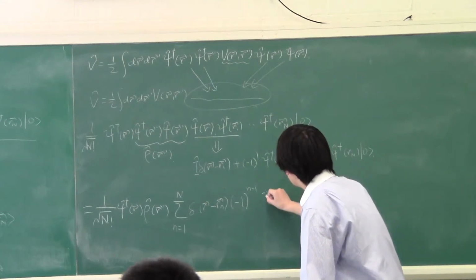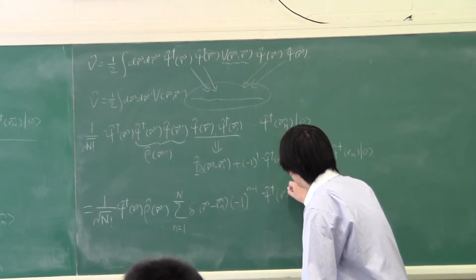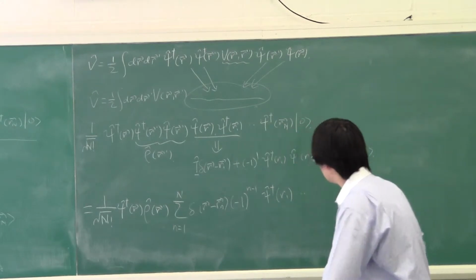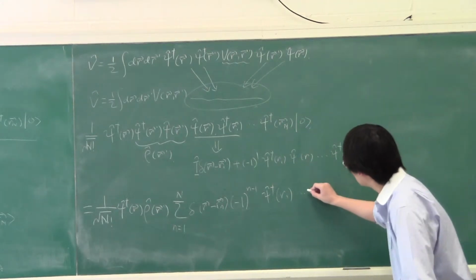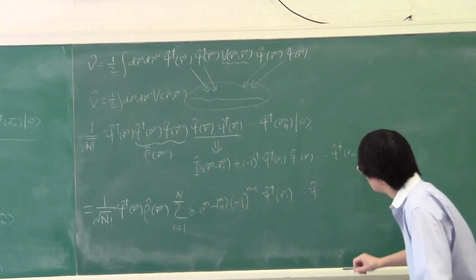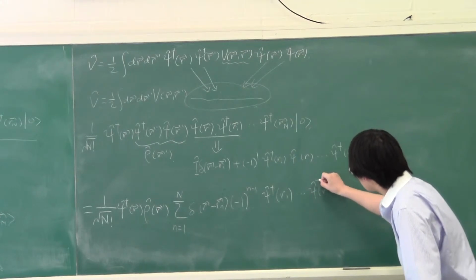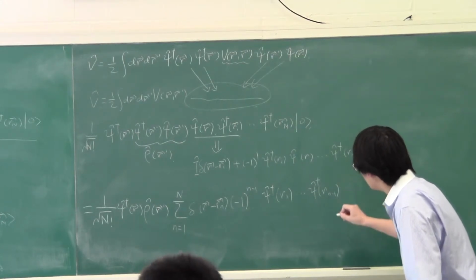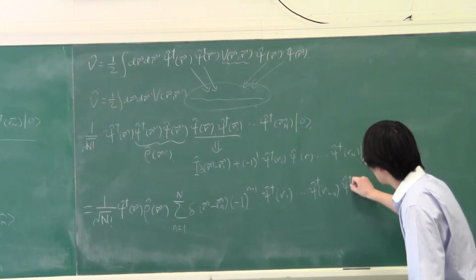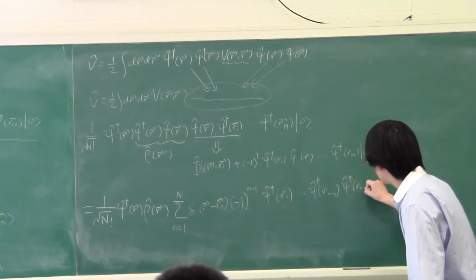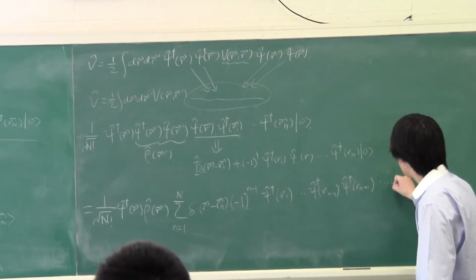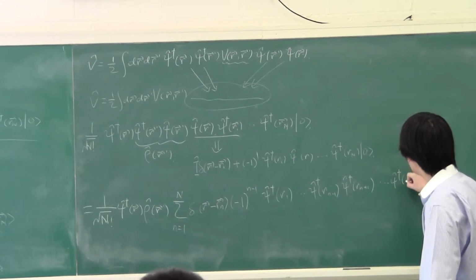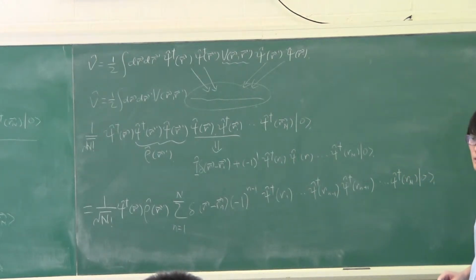So all of these operators are present, but the nth one is missing. Correct? Okay.